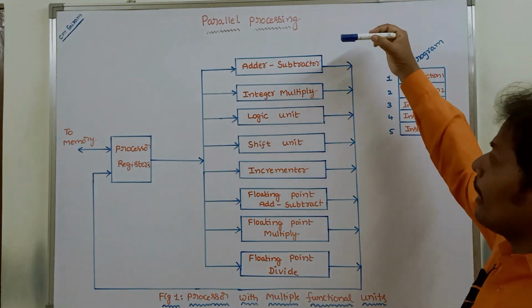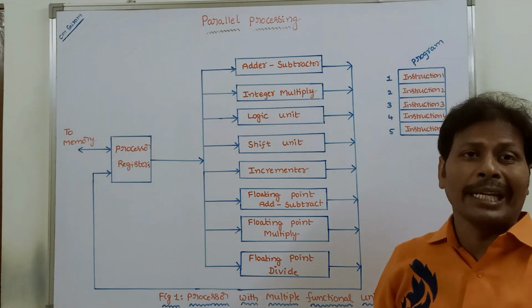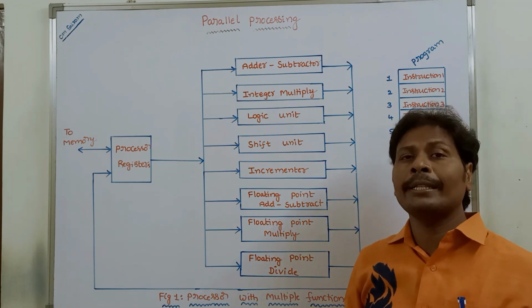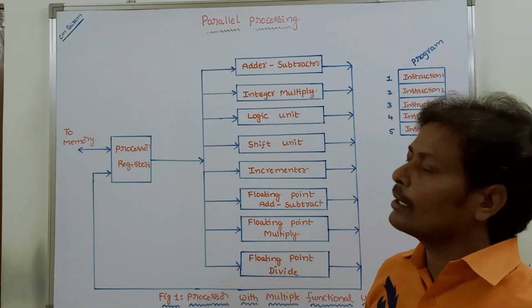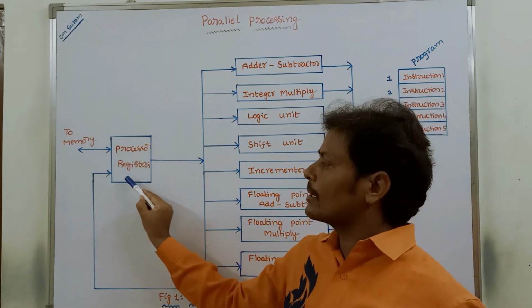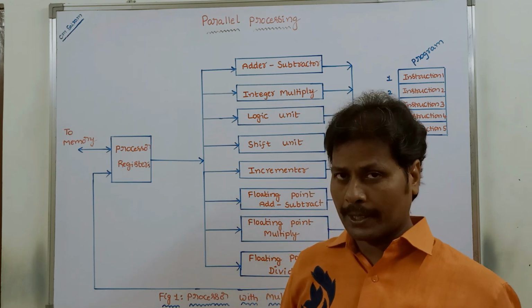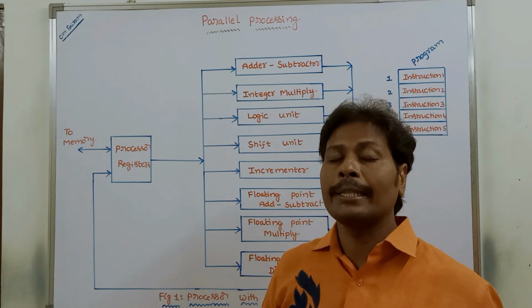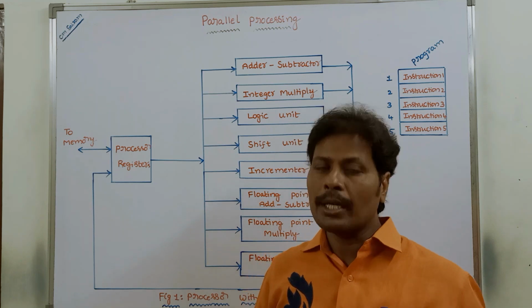Okay, to perform the operation in a particular functional unit, we require operands. That operand data is stored in the processor register. So, processor registers are available in the CPU or processor. They are used for storing the operand data that is required for performing the operation.